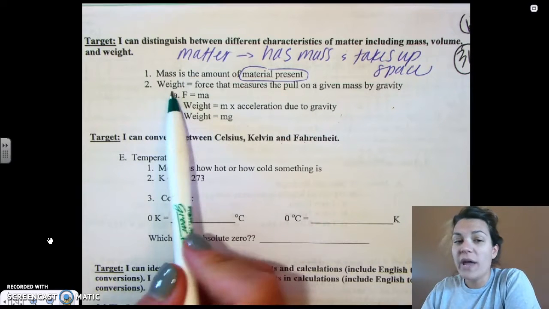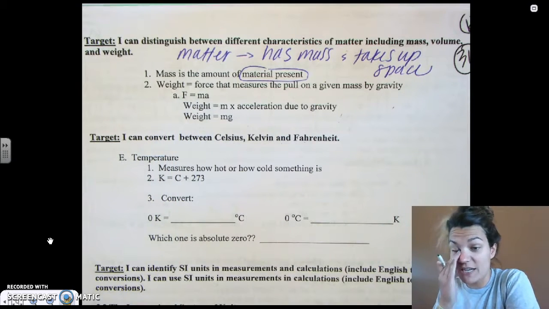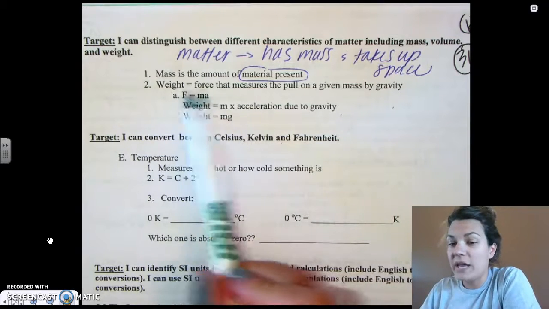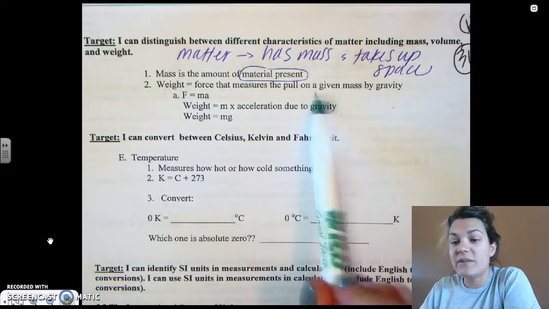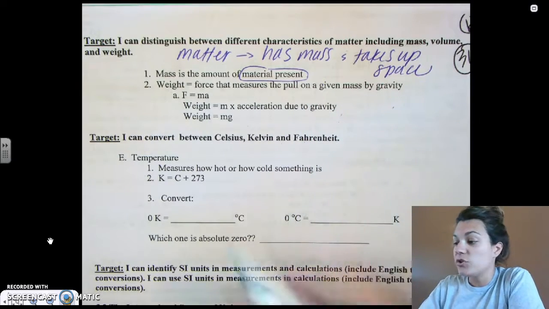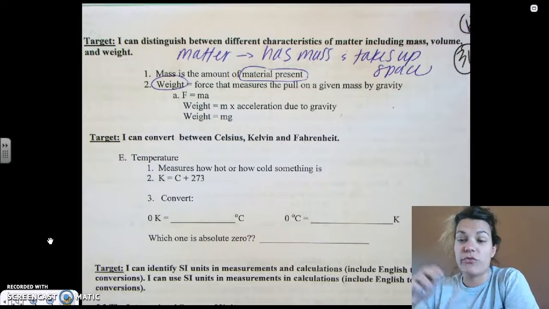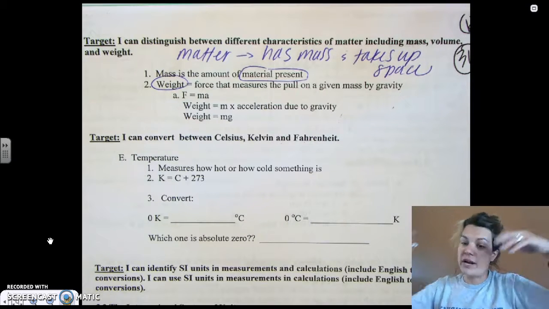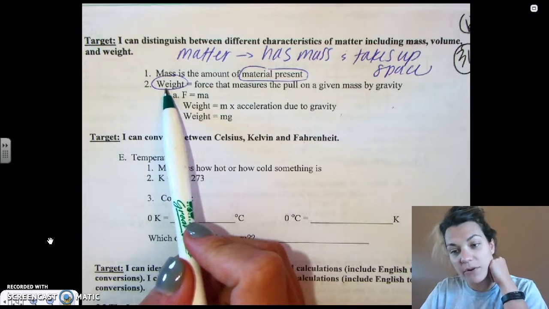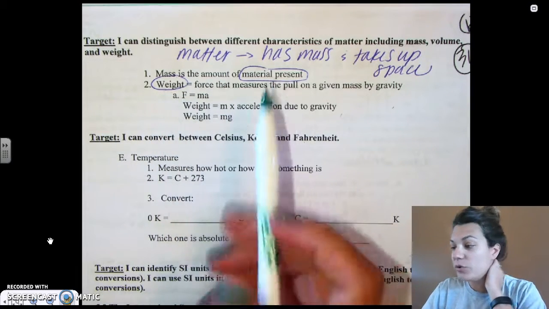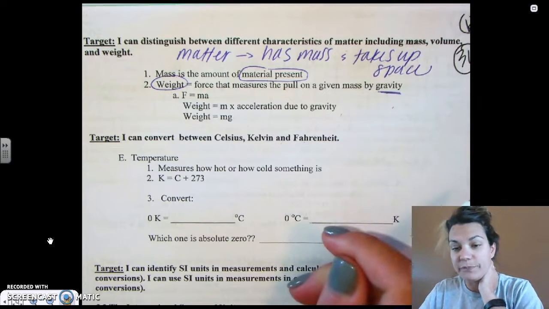Weight is a different concept that you deal with more readily in physics. Weight is just the force that measures the pull on a given mass by gravity. So weight is actually the thing that changes as you go from here to the moon. Your weight will drop, it'll be less when you're on the moon because you don't have as much Earth gravity pulling on you.